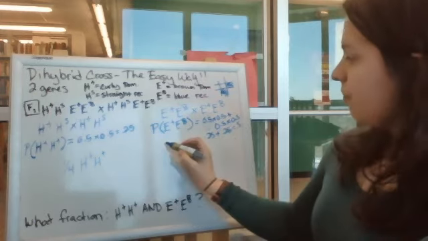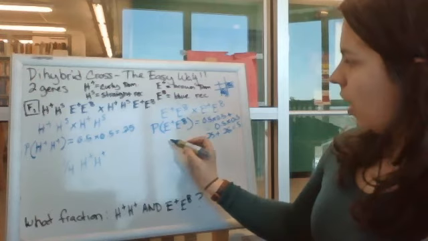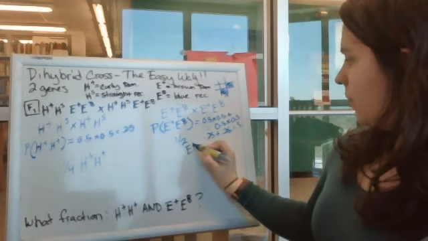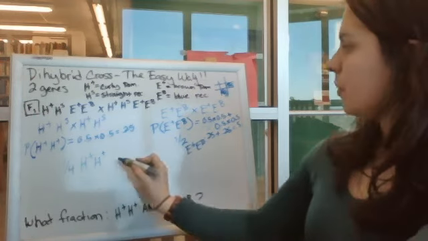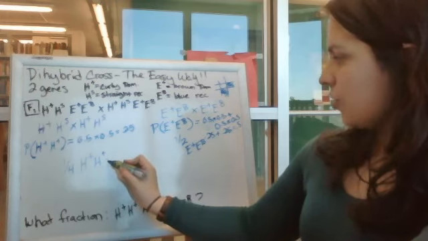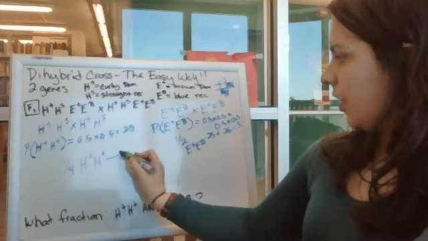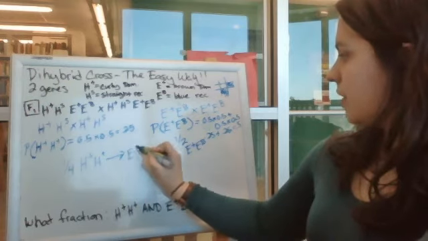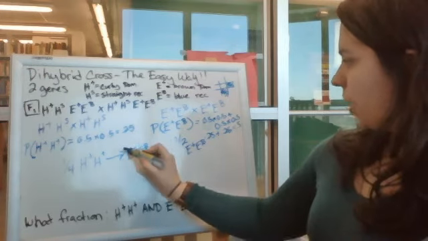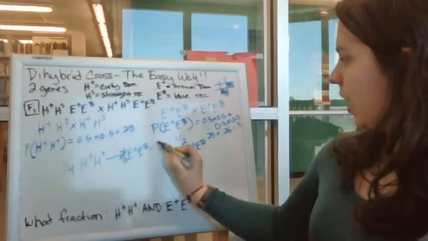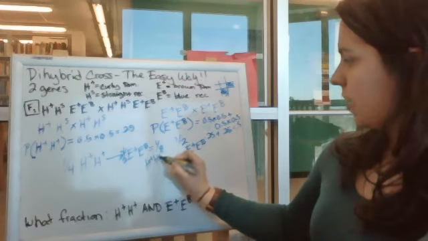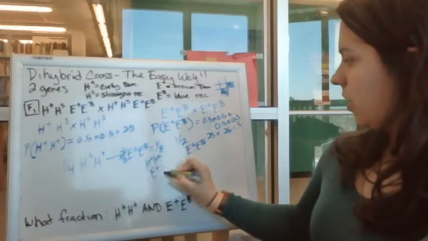So you know that 1/2 of the individuals are going to be E plus EB, right? So then you essentially just multiply this, and you have E plus EB, which is 1/2, and you'll get 1/8 of the individuals will be H plus, E plus EB.